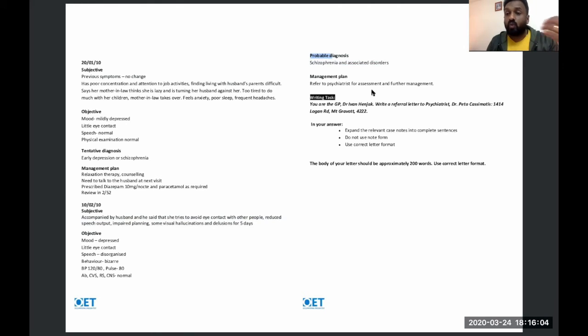You also get to know the purpose of writing this letter, which is in the management plan. It is given: refer to psychiatrist for assessment and further management. You are the GP, Dr. Ivan Henzak, write a referral letter to psychiatrist, Dr. Pita Casimatis, 1414 Logan Road, Mount Gravatt, 4222. So you're very clear about your position, to whom you're writing, what the doctor's name is, the purpose of the letter, the diagnosis, and also the current situation.